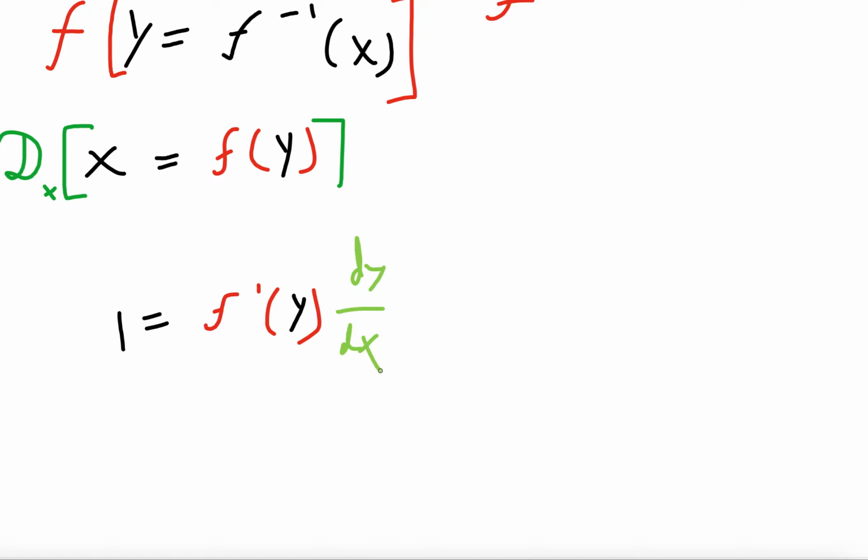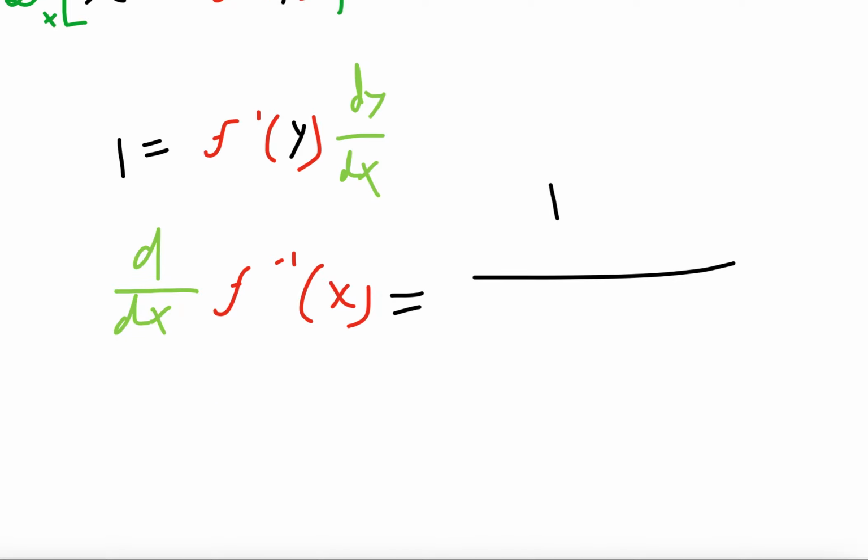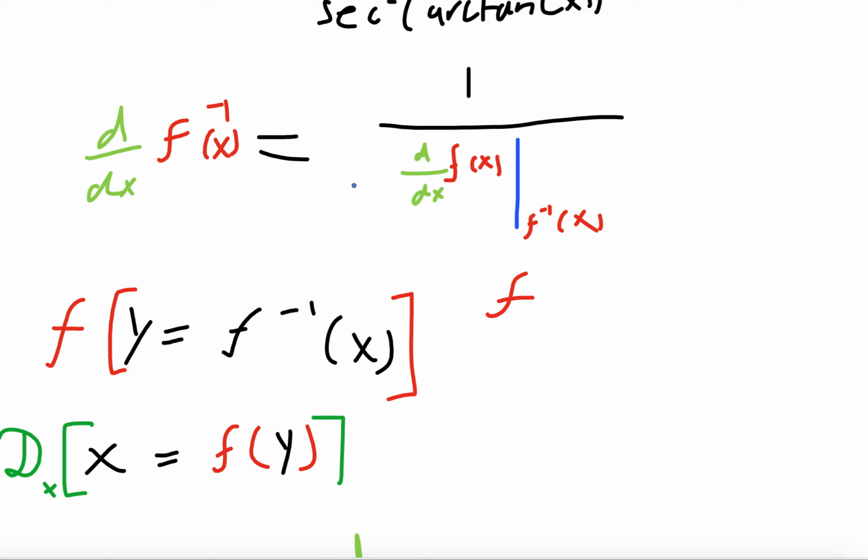And so as you can see, that we get d dx of y, which is f inverse of x, and that's equal to the multiplicative inverse, so 1 over the derivative with respect to x of the regular function. This is f prime, so it's f of x, but we evaluate that at the inverse, at f inverse. And so we just proved that the inverse function rule for derivatives is true.